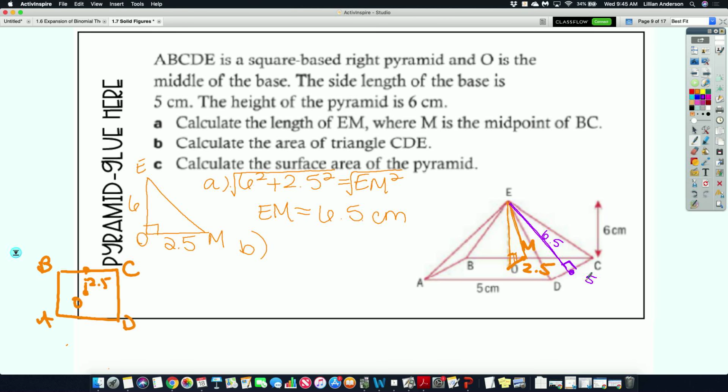And that is a triangle that we can find the area of using what formula? This one would be base times height, because that slant height does create a 90-degree angle with that side.